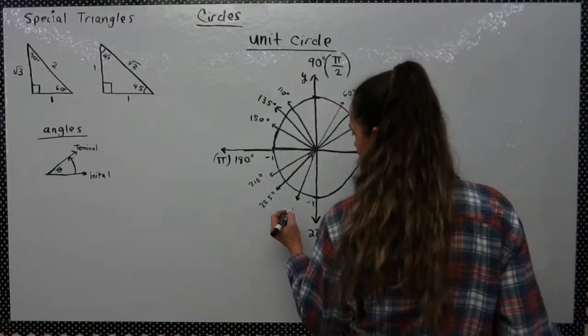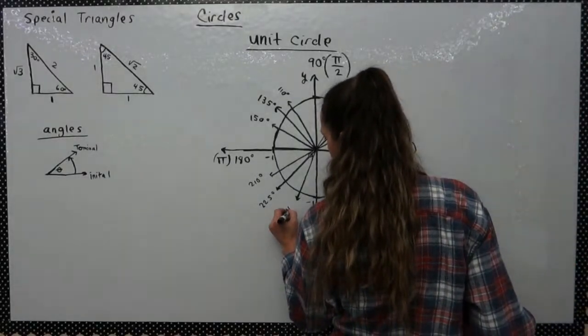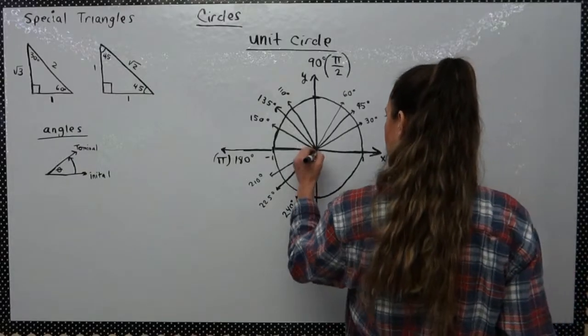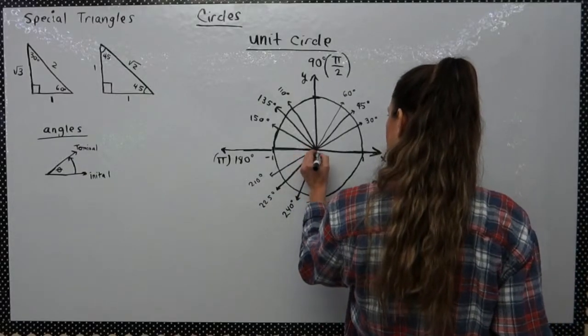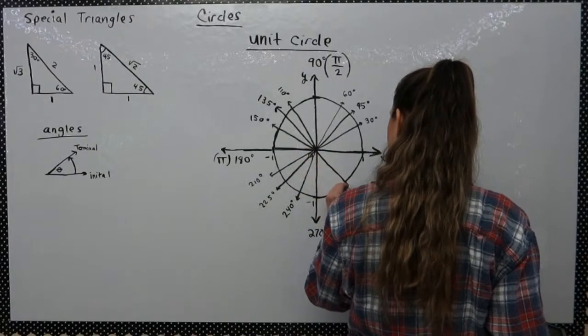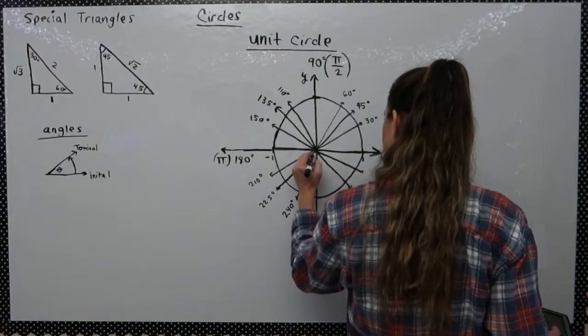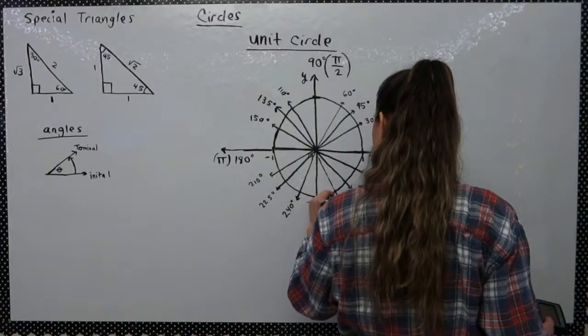And then we've got 240. And that checks out because 30 more would be 270. And then we'll do it one more time for the fourth quadrant. Show you.